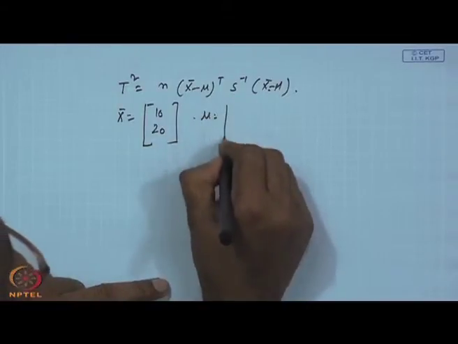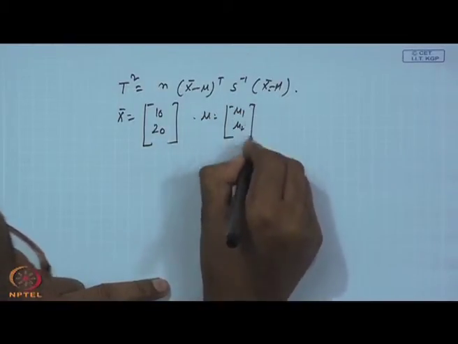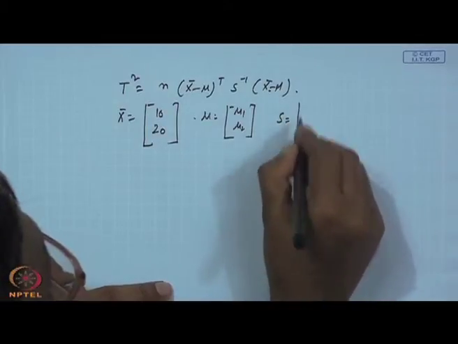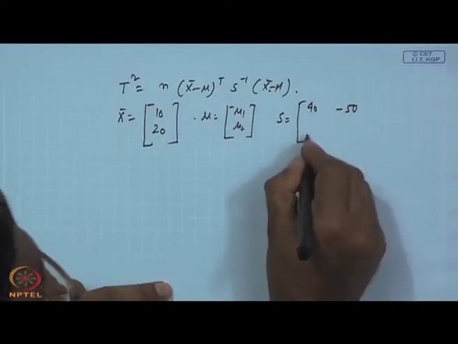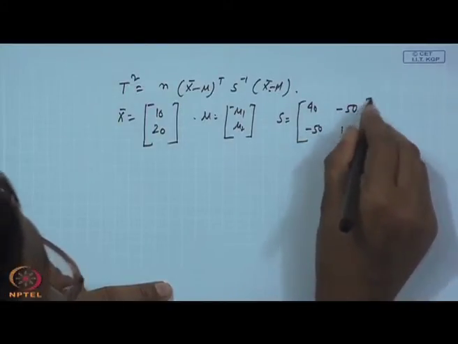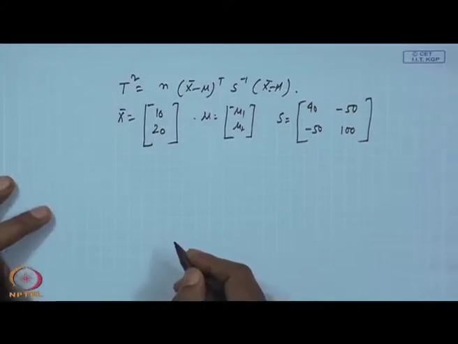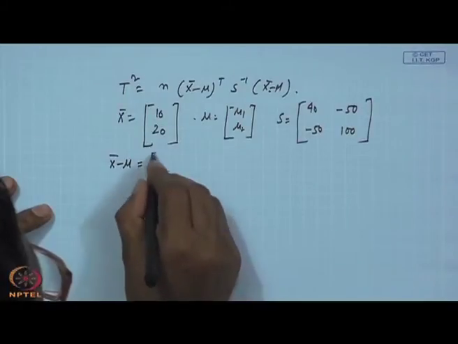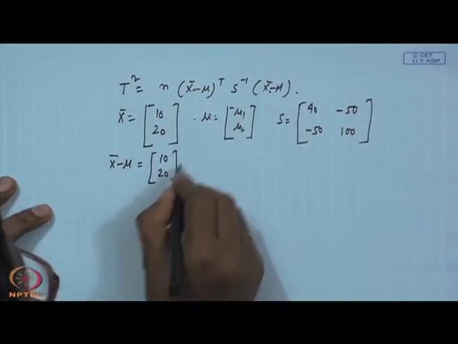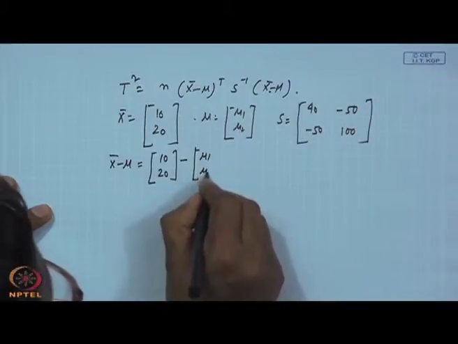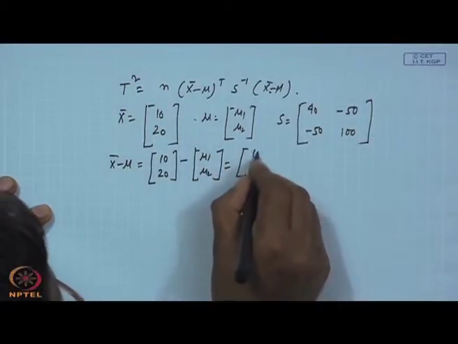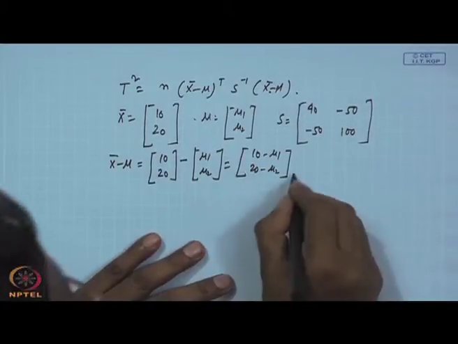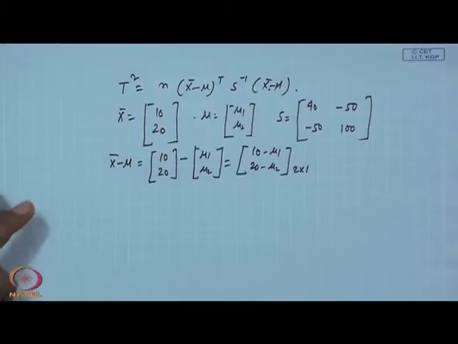Mu is mu 1 and mu 2, because it is a bivariate case. S is given as 40, minus 50, minus 50, 100. You first require to compute x bar minus mu, which is 10, 20 minus mu 1, mu 2. This is nothing but 10 minus mu 1, 20 minus mu 2, which will be a 2 cross 1 vector.